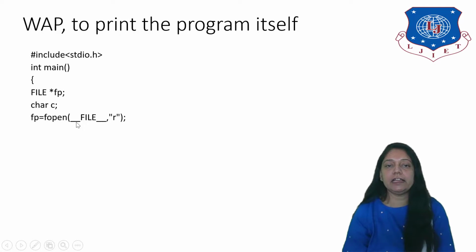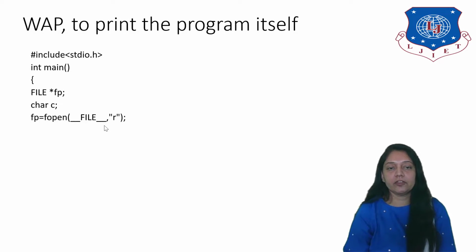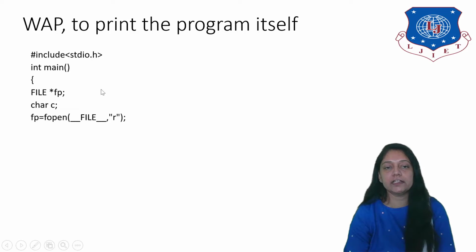So I'm going to open the file in read mode, and inside the brackets, the first argument is normally the file name. Okay, if you write __FILE__ in capital letters, it means the current program is being read. You don't need to specify the name of the file. By default it will take the current program where you are writing this code.